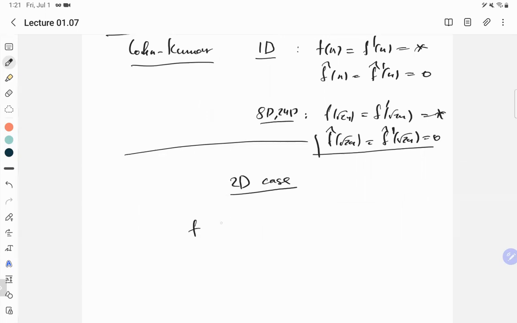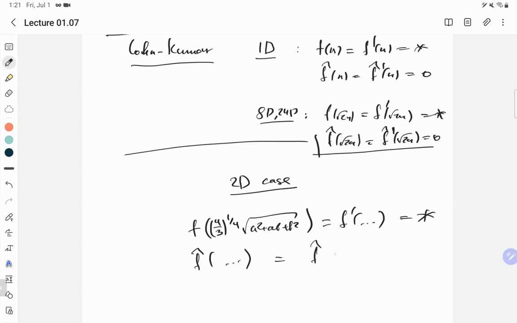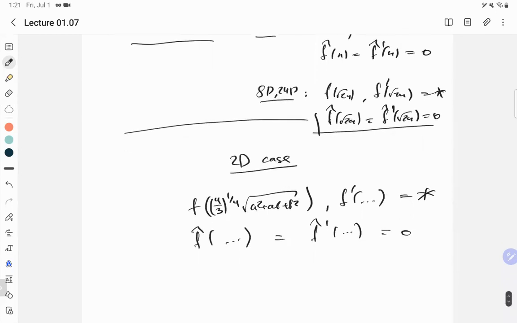But let me tell you what the conditions are. The conditions that you get are the values at these points, and something with derivative equals something coming from the Gaussians, and the same business. And something with derivatives at the same points for the Fourier transform, it should vanish to second order.